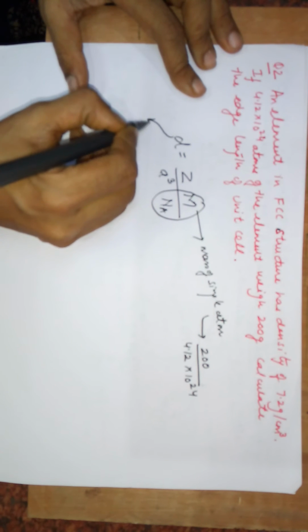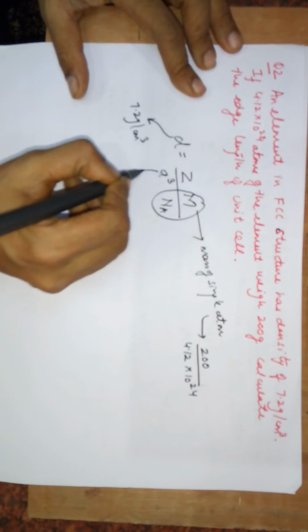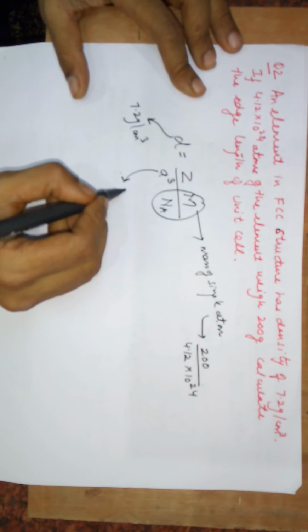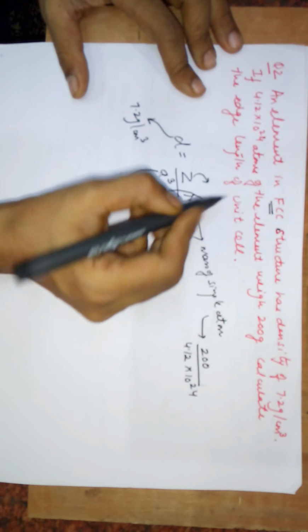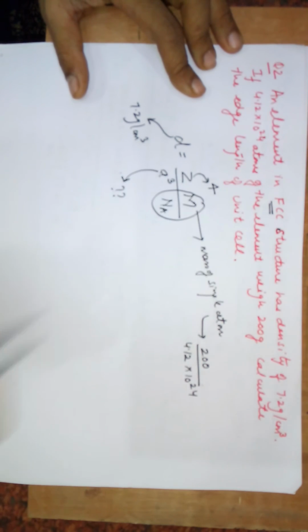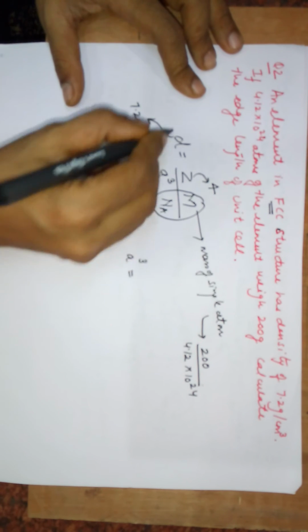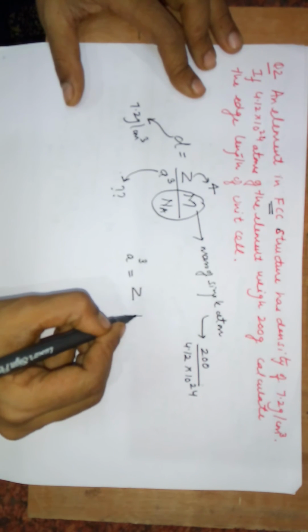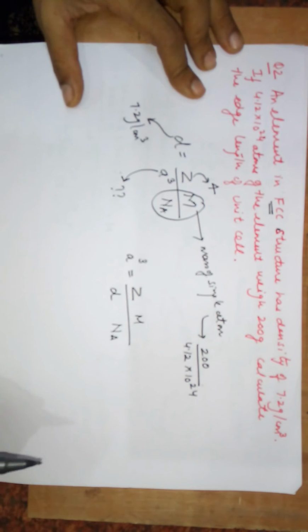The density of the question is 7.2 grams per cubic centimeter. A is to be found and Z according to FCC would be what? 4. Substituting the values, the formula is to be changed. Your A cube is Z M by Na and density.